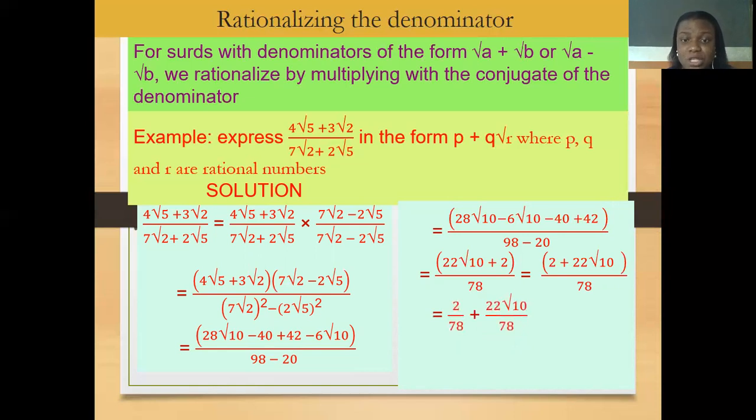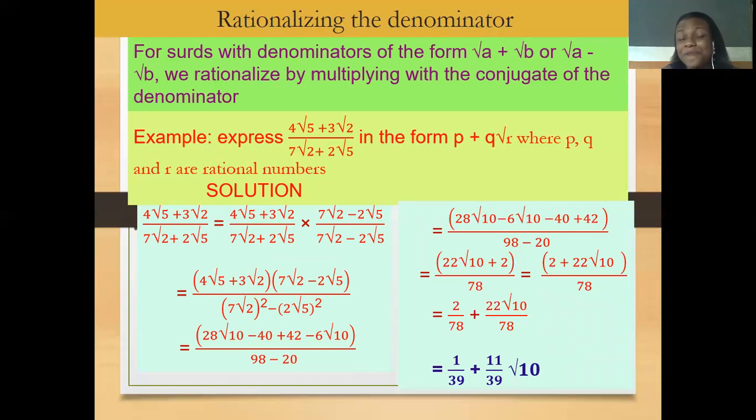You can see that if we do that, we are splitting the terms into 2 parts. Now, by the time we divide, we have 1 over 39 plus 11 over 39 root 10. So we have succeeded in expressing it in that form that was given to us at the start.